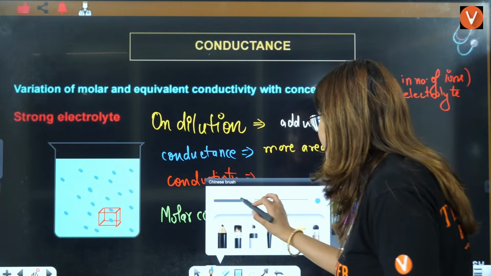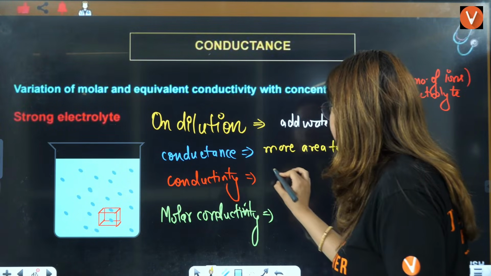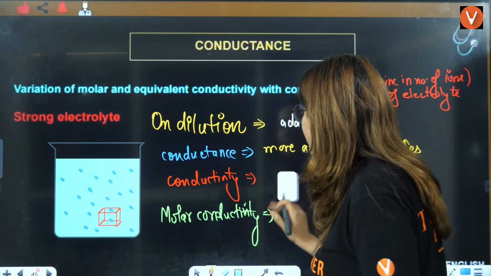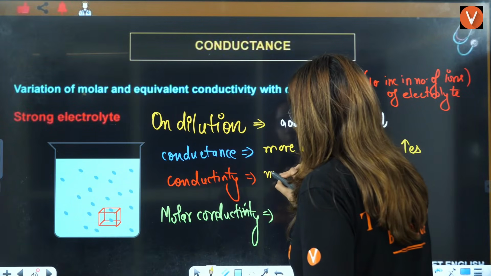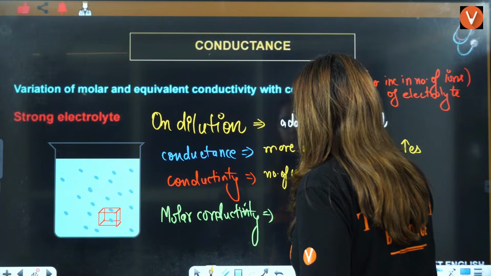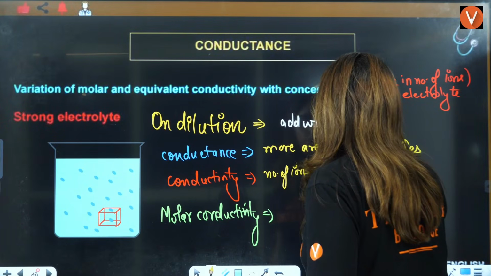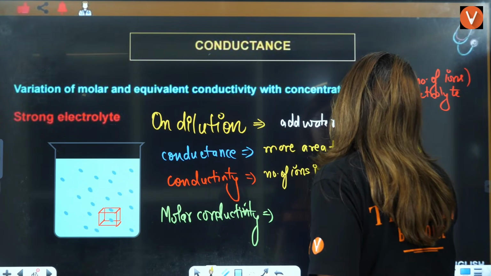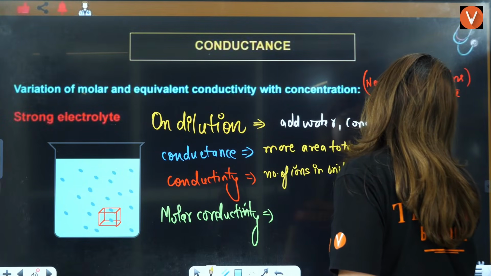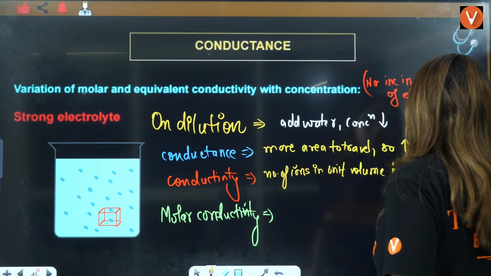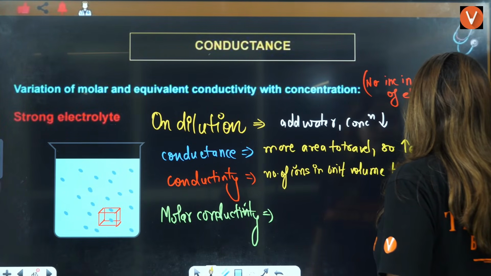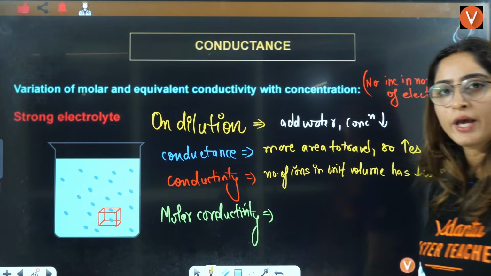So can I say that number of ions in unit volume has decreased. So it decreases. Okay?